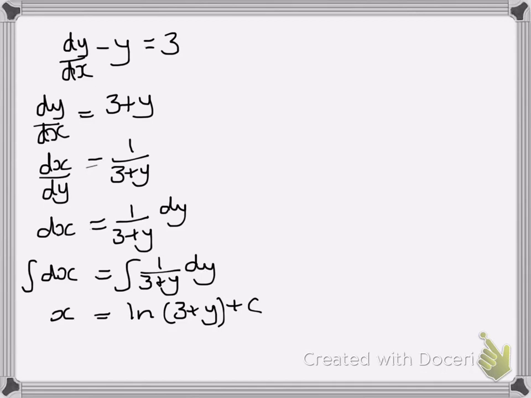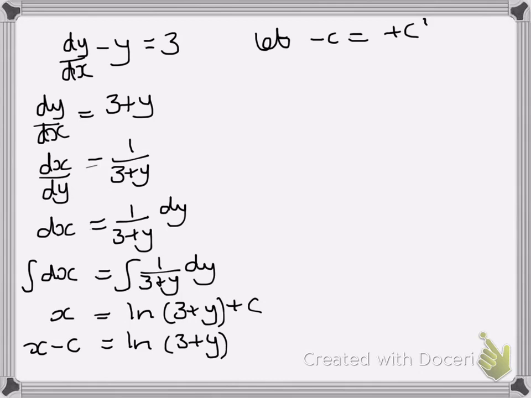Now I'm going to rearrange this and say, well x minus my constant c is equal to ln 3 plus y. But I don't like this negative constant here, and we can rewrite this by letting minus c equal some other constant, let's say c dash.